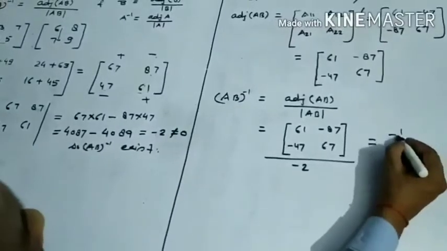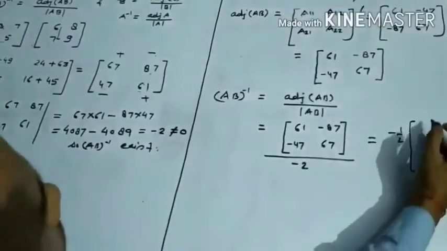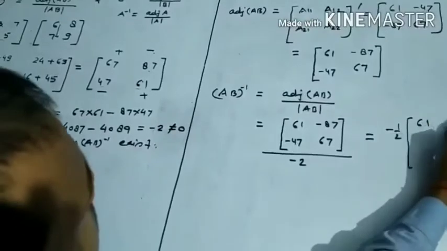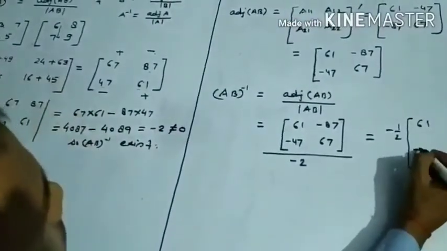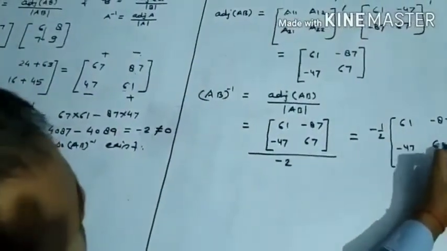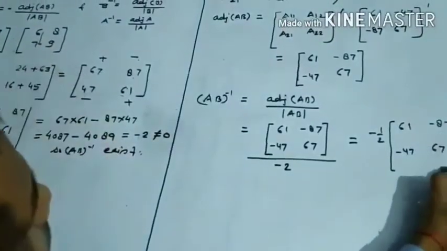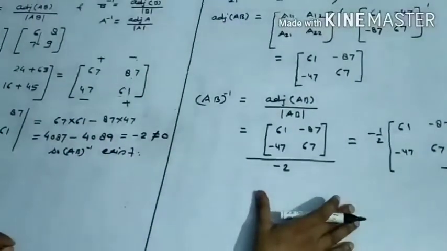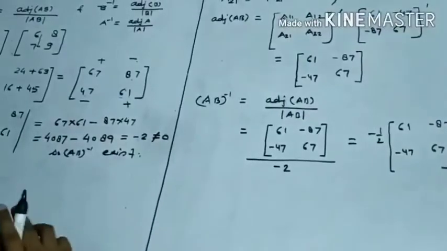This is equal to minus 1 by 2 times [61 -87; -47 67]. Now after that we want to calculate B inverse, and then A inverse.